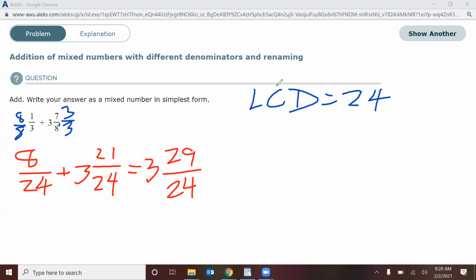So I would break down 29 24ths the way I have learned to do in other problems. I'll come off to the side and say 29 24ths is equal to what mixed number? Well, 24 divides into 29 once with a remainder of 5.